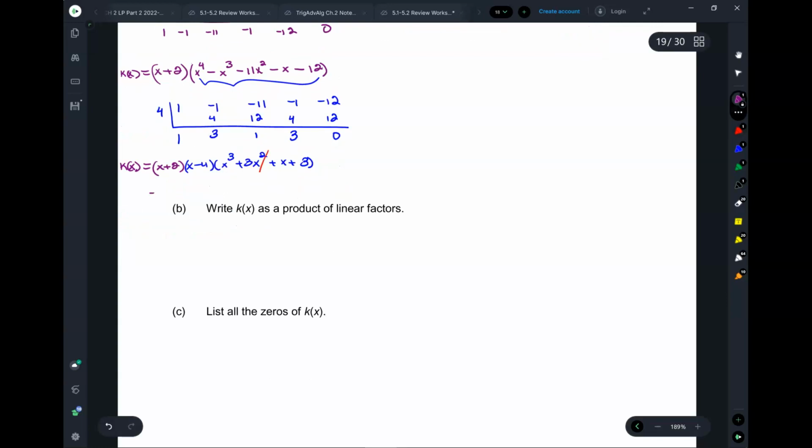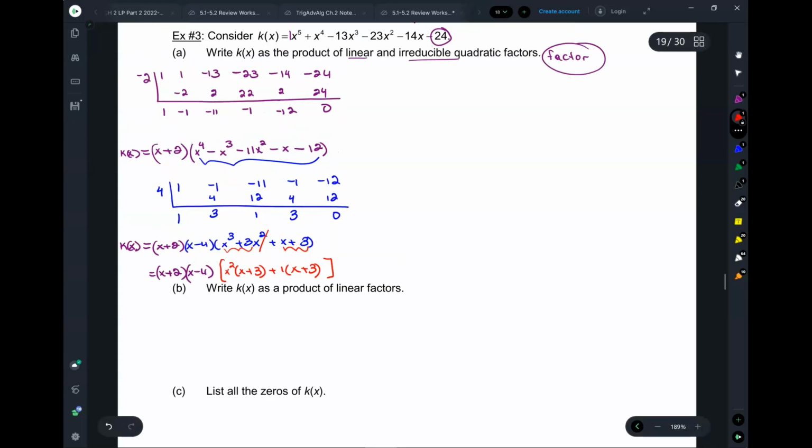So first of all, this is going to be x plus 2, x minus 4, and then I'm going to just work on that last term. You split that up. From the left side, I can factor out an x squared, and I get x plus 3. Plus, from here, this is 1 times x plus 3.